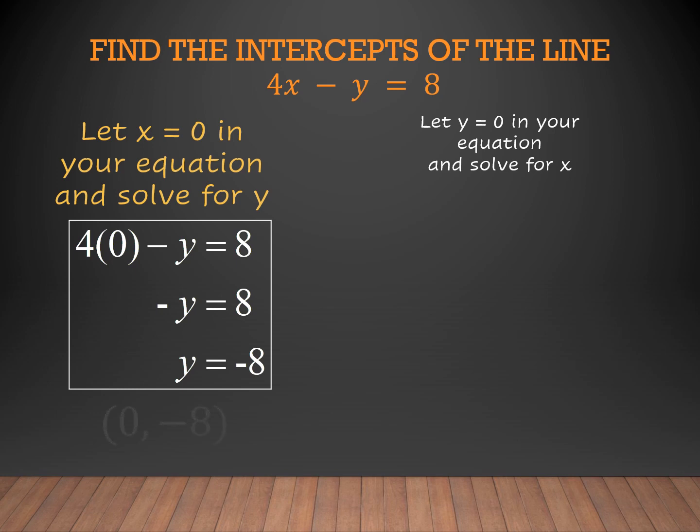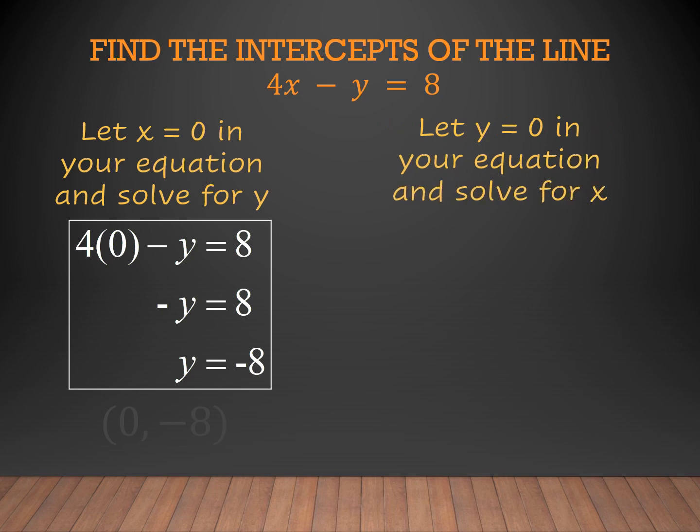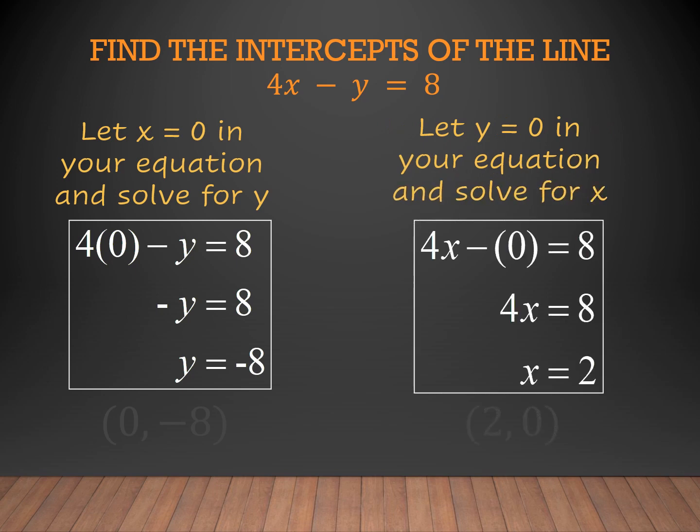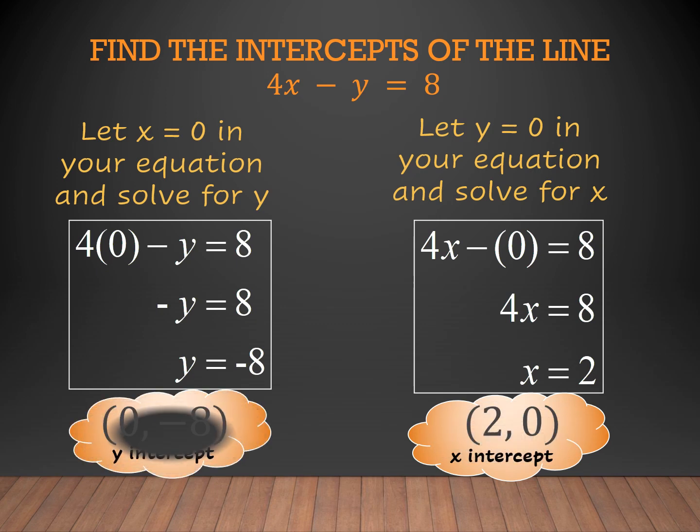So the y-intercept here is (0, -8). And if you want to find the x-intercept, let y equal 0 in your equation and solve for x. So the x-intercept is (2, 0), and the y-intercept is (0, -8).